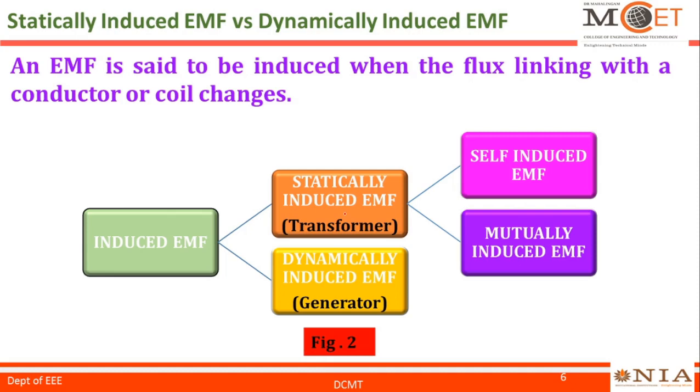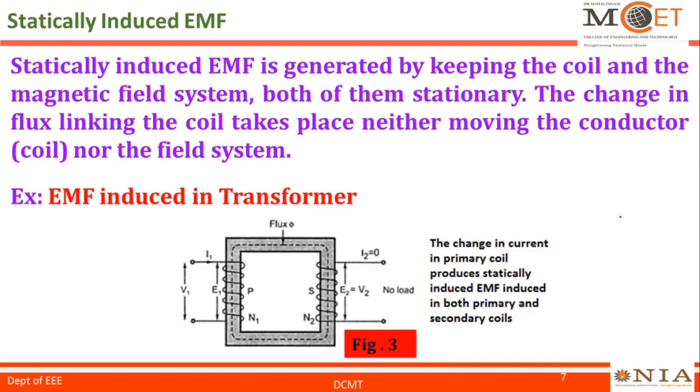An EMF is said to be induced when the flux linking with the conductor or coil changes. This induced EMF can be classified into two types: statically induced EMF, which is applicable to transformer, and dynamically induced EMF, which is applicable to generator. Statically induced EMF is further classified into self-induced EMF and mutually induced EMF.